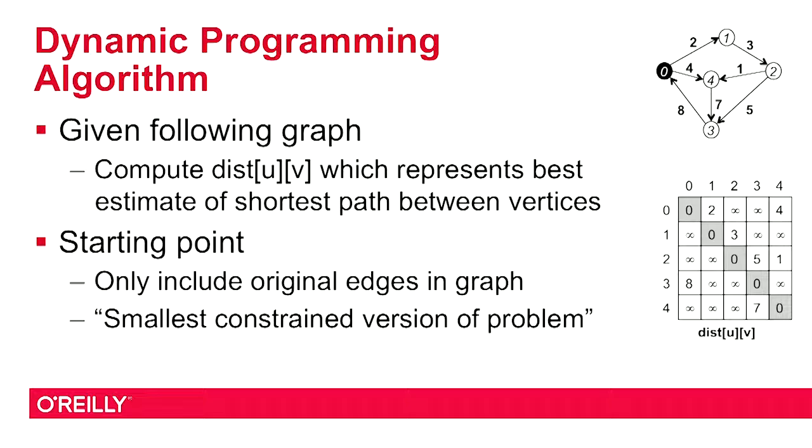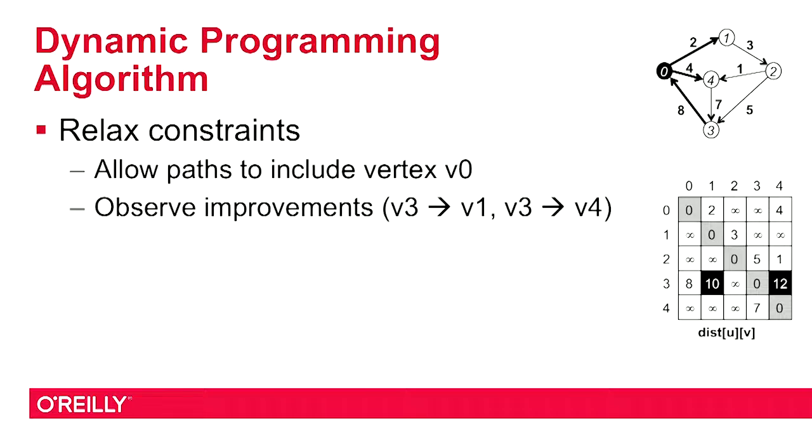The way that dynamic programming works, as mentioned, is you relax the problem a little bit. Let's relax it as follows. Not only am I going to allow direct edges, I'm now going to allow any path that also includes vertex v0. And if I make that small adjustment to my domain, let's look at what it gives me.